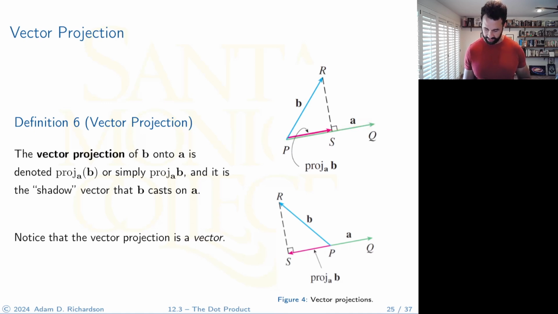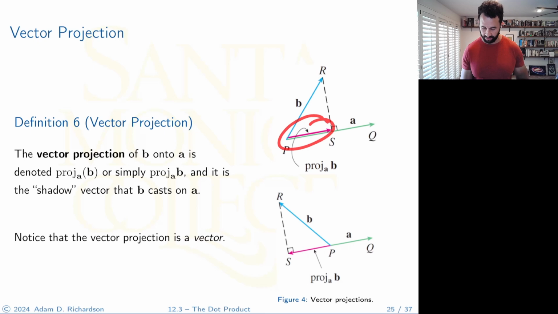We've got the vector A, and this is the vector B. The vector projection of B onto A is basically the shadow that B casts on the vector A, right? I think that makes sense. If you were to put a spotlight shining down, then this vector here is the shadow that B casts on A, and we call that the vector projection of B onto A.